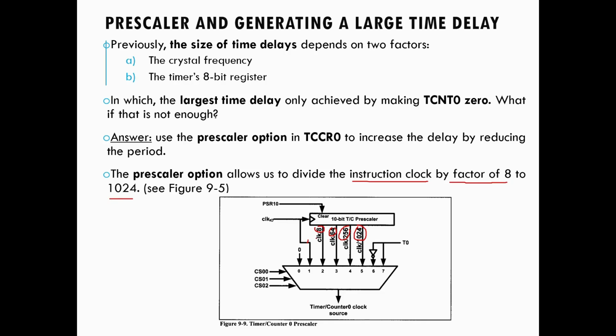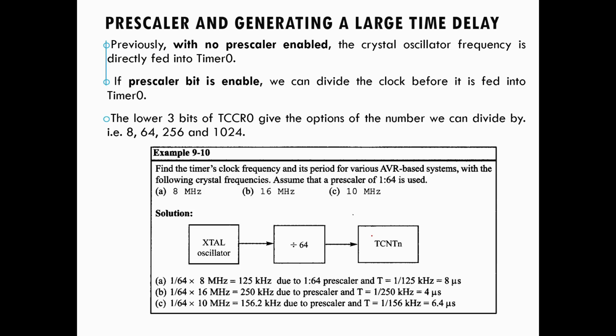So that is why we see the prescaler 8, 64, 256 and 1024. If the prescaler bit is enabled, we can divide the clock before it is fed into timer 0.